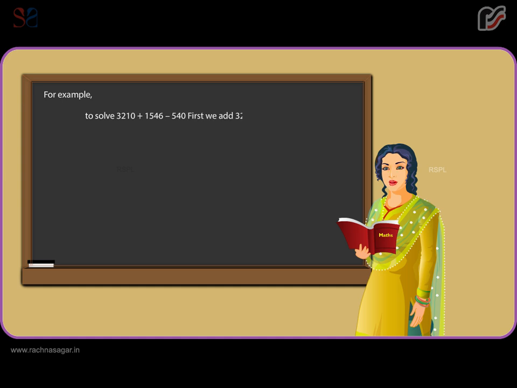First we add 3210 and 1546. 3210 plus 1546 is equal to 4756. Now subtract 540 from 4756. 4756 minus 540 is equal to 4216.